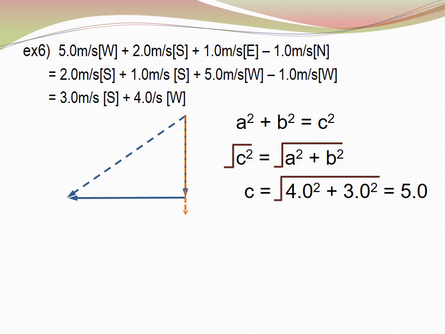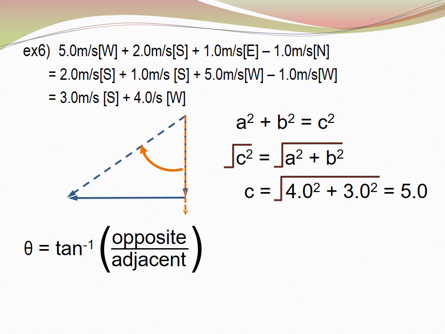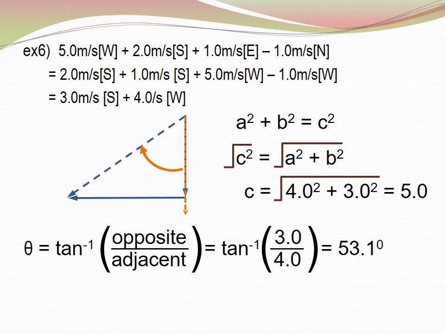So we are going to face south and then measure the number of degrees towards the west we would have to turn to look the direction of this vector. That means that since this is our angle now, 4 is our opposite side, and 3 is our adjacent side. That gives us an answer of 5.0 meters per second, south 53.1 degrees west.